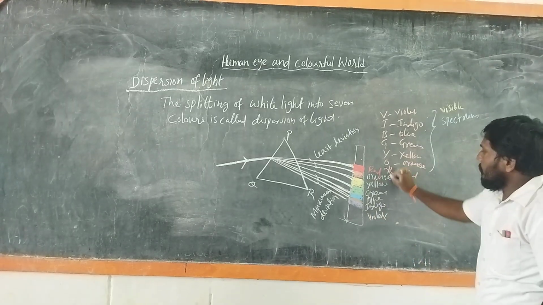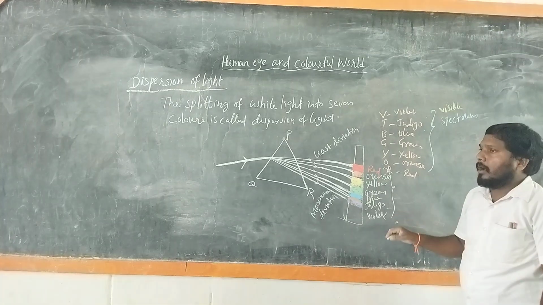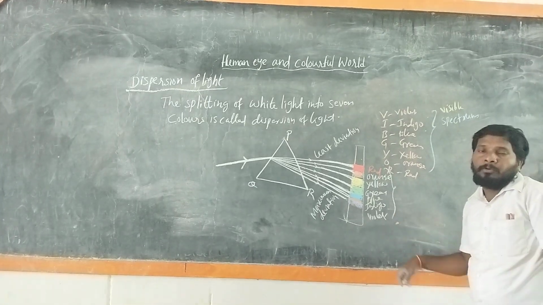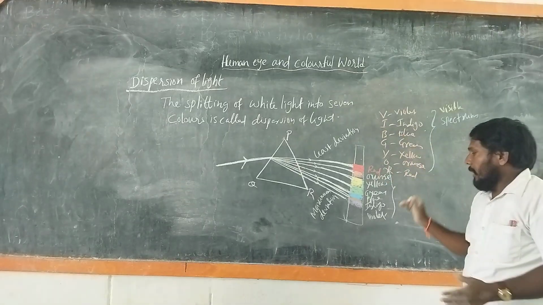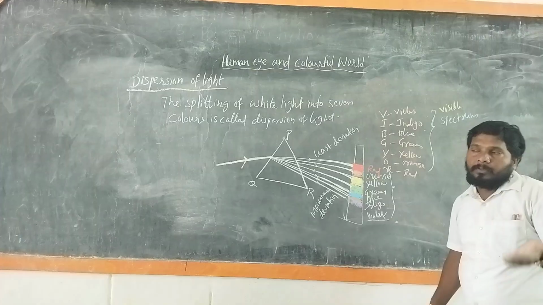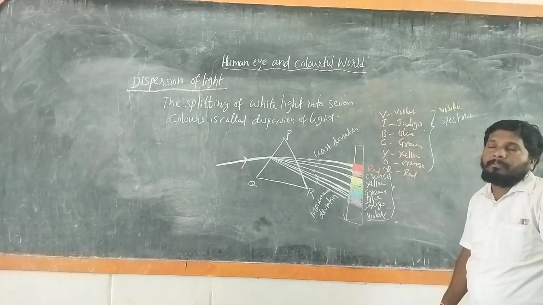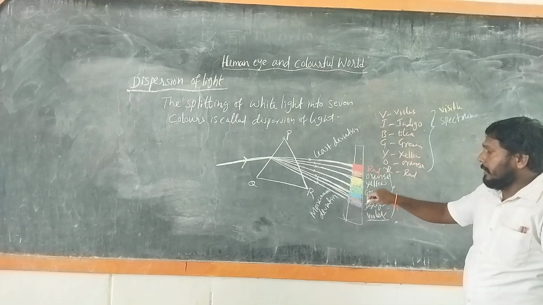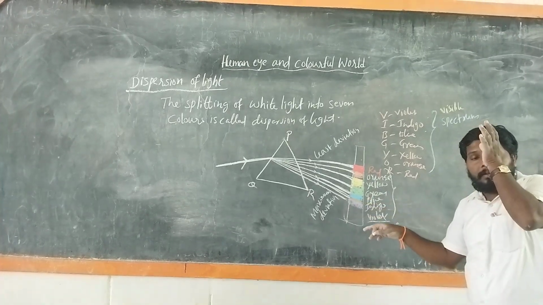Red has more wavelength than violet. Violet has the least wavelength, so it is arranged last, and it is also deviated more.